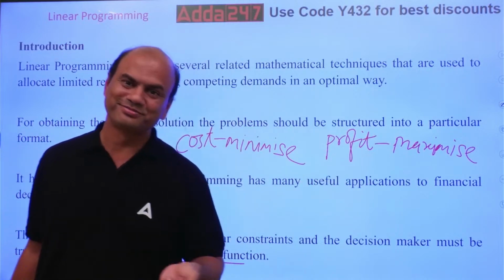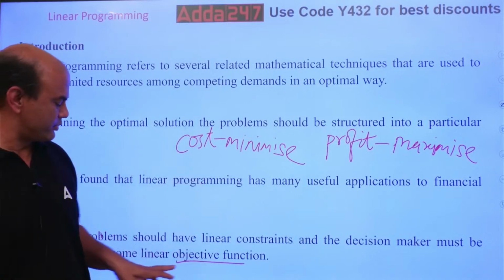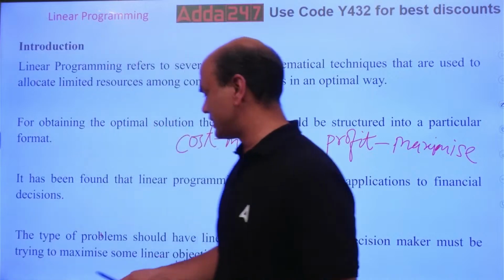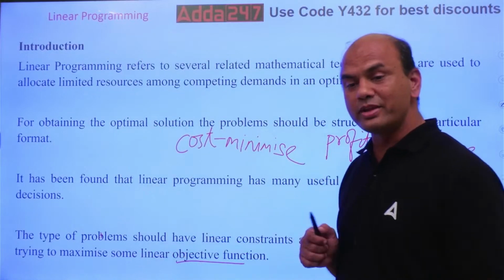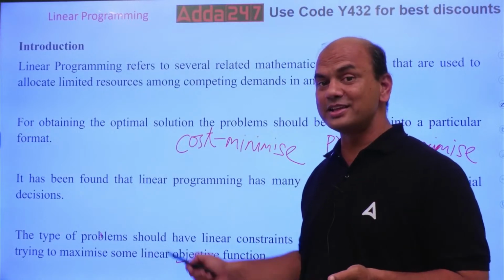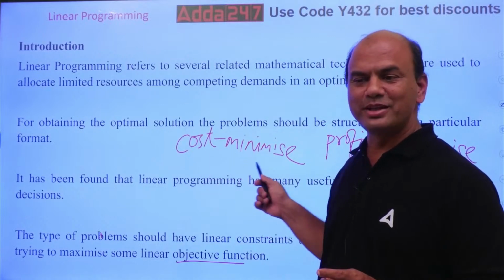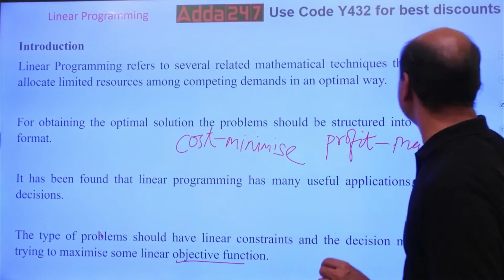That's what we do, isn't it? So this word maximize is applicable only when there is incoming money. If it's outgoing money, then this is not applicable. Then cost, minimize. Got it? Move on.